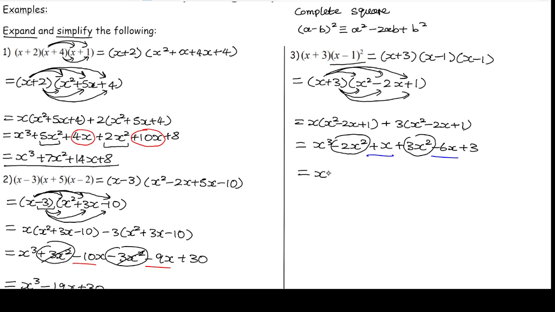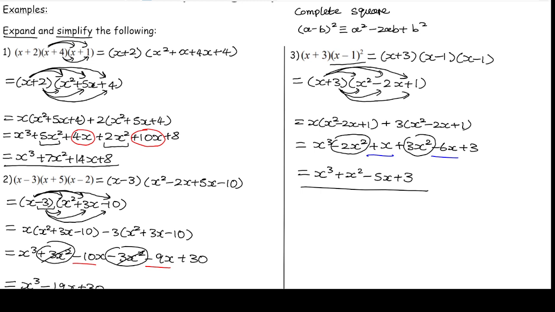We will have x cubed starting off. Then we have minus 2x squared plus 3x squared. That's the same as 3x squared minus 2x squared, which is plus x squared. That's due to the commutativity of addition. x minus 6x is minus 5x, and then we've got a plus 3.